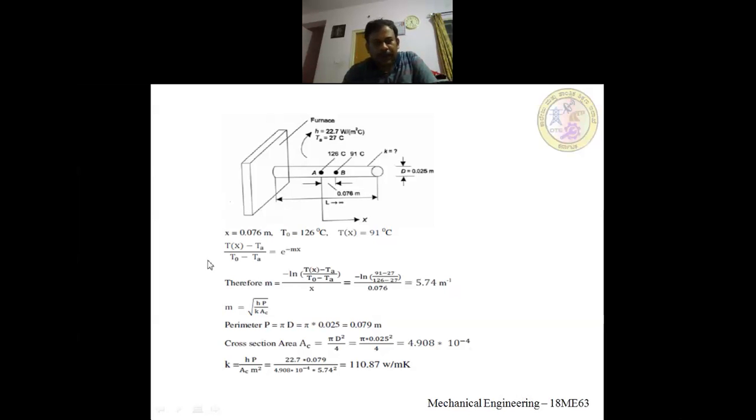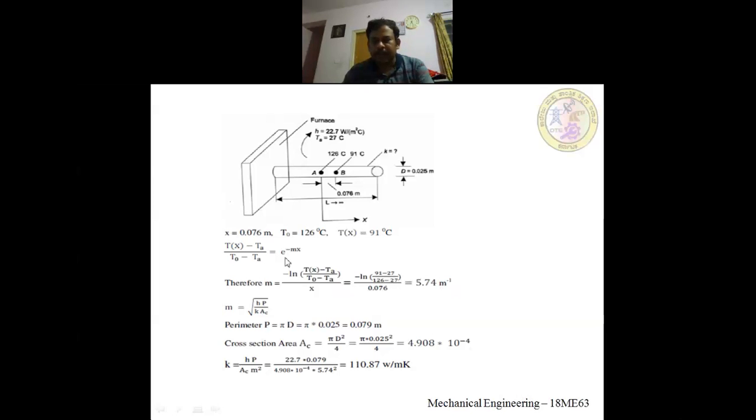So I will apply ln, natural logarithm, on both sides. Here log a to the power b becomes b log a. In the same way, ln e to the power of minus mx becomes minus mx ln e. The base of the natural logarithm is e. So from logarithm, log a to the base a equal to 1.